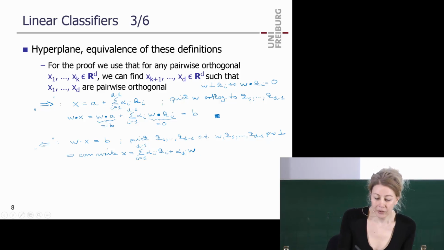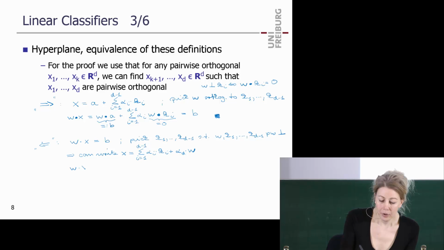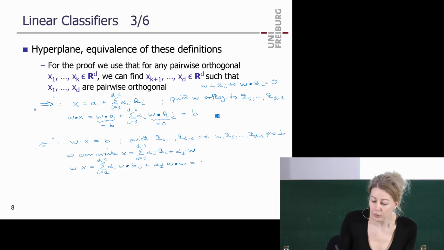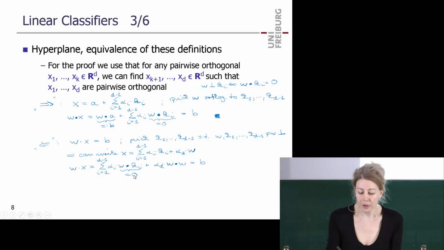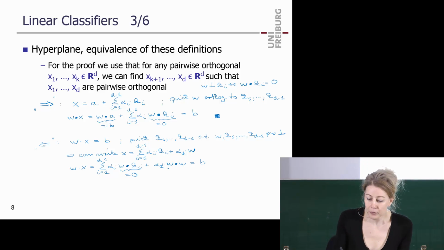So now let me multiply this with w. I get the sum from i equals 1 to d minus 1 of alpha i times h i dot w, plus alpha d times w dot w, and this is equal to b. Now this first part is 0 because they are orthogonal. And this here is the norm squared.